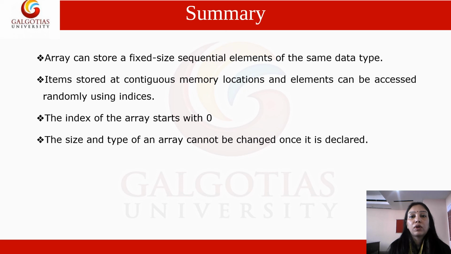And one more important point to remember with an array is that the index of an array starts with 0, means your first element is stored at location 0, and the size and the array name cannot be changed once declared.